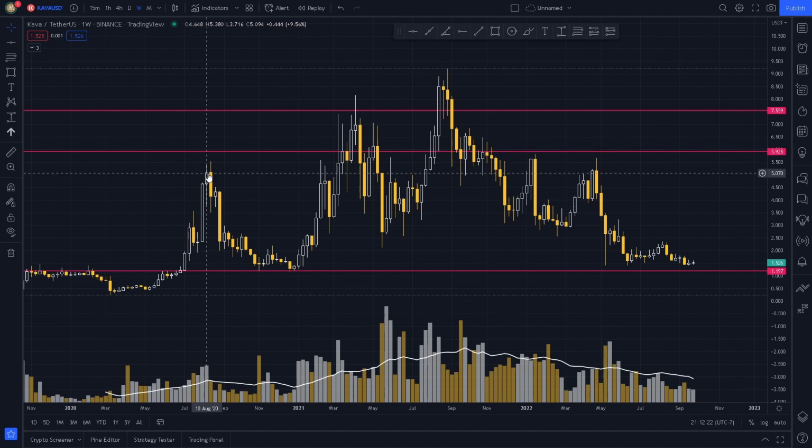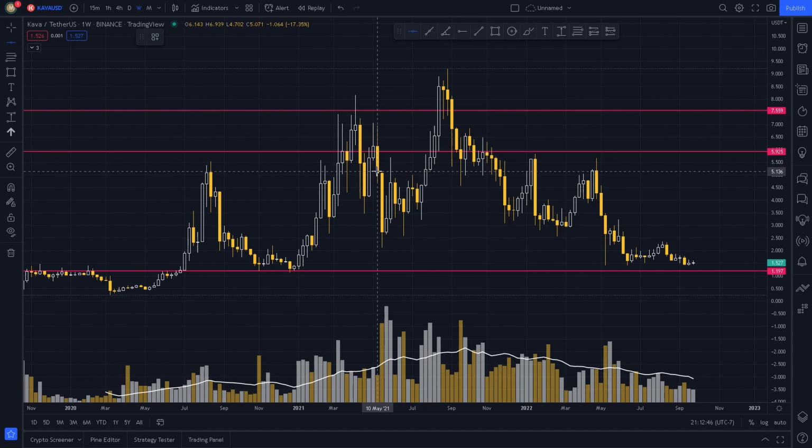What I can see is a reaction here. As price came up, these wicks reacted to the level. Over here, these wicks reacted to the level. Over here, these wicks reacted to the level. We've seen a fake out from the level, and we also seen a reaction from the level here.